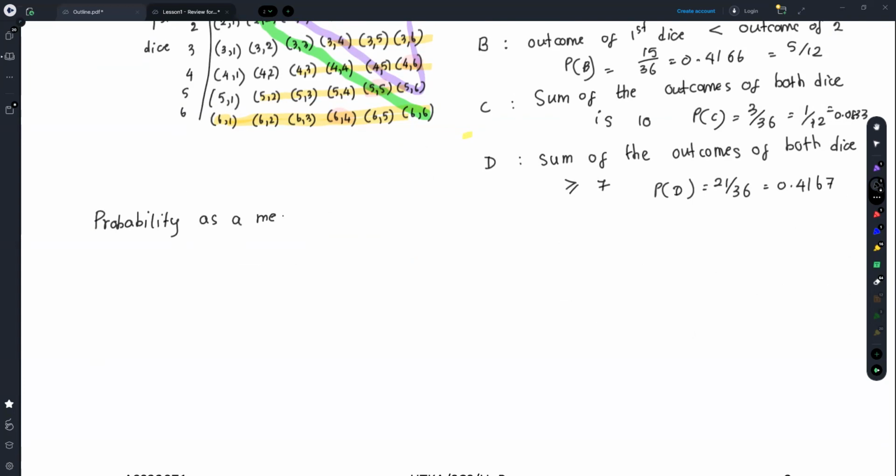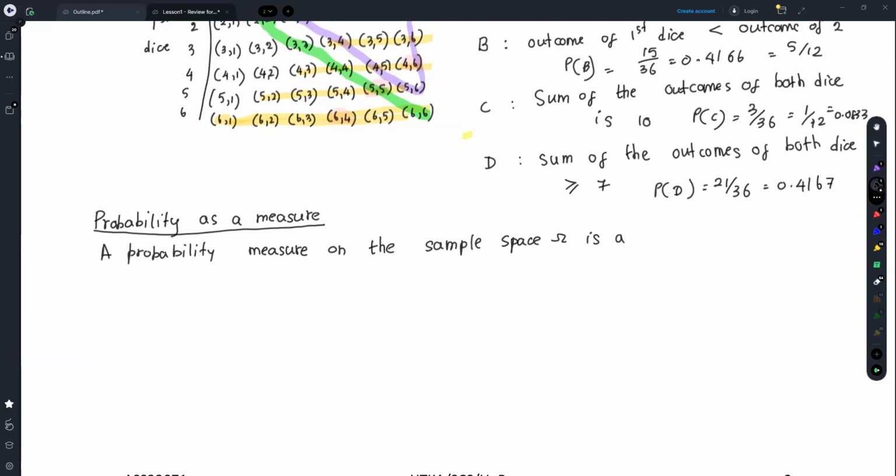If you have done real analysis, you know what a measure is, right? So probability is also a measure. We define it like this. The probability measure we define on the sample space omega. It is a function.